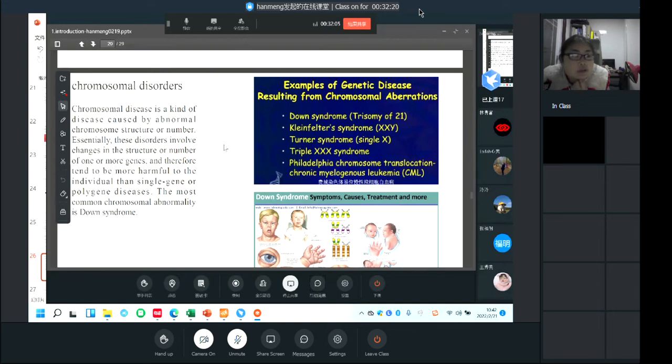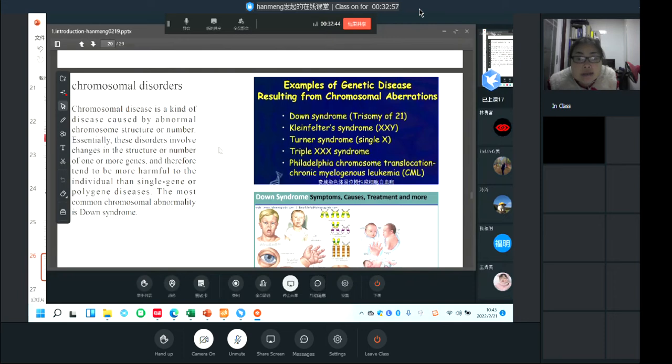The most common chromosome abnormality is Down syndrome, because the 21st chromosome becomes three. Other chromosome aberrations are Turner syndrome and triple X syndrome.